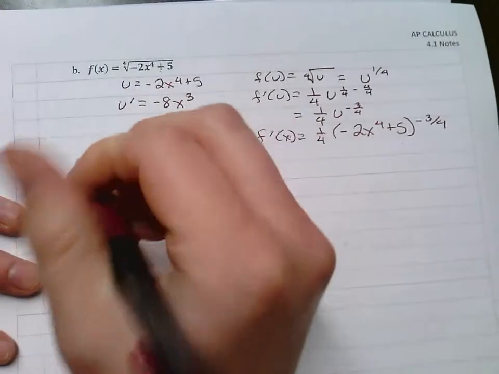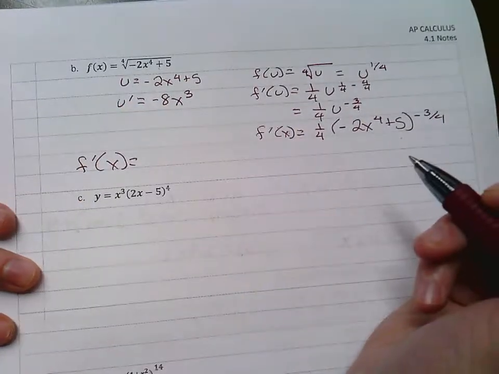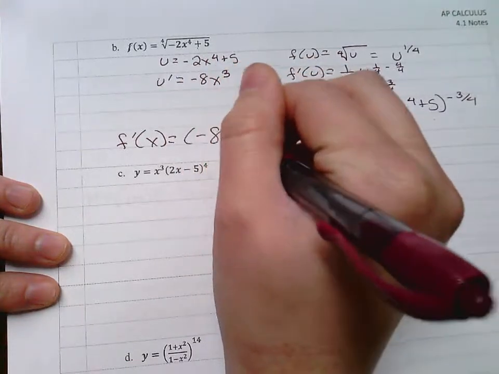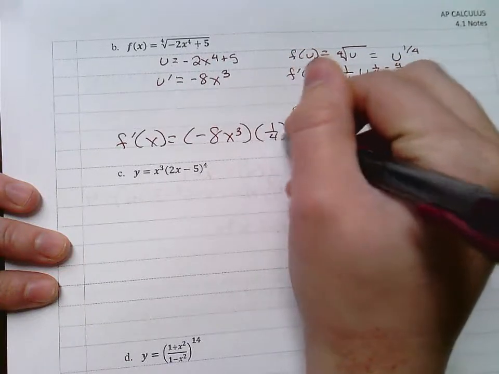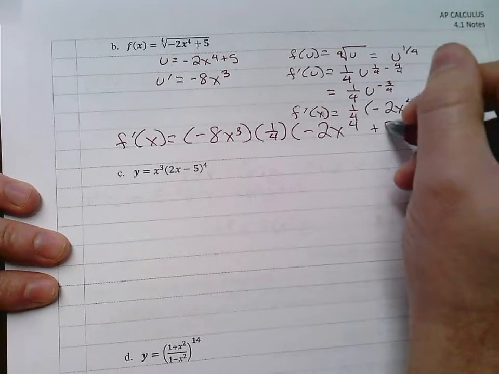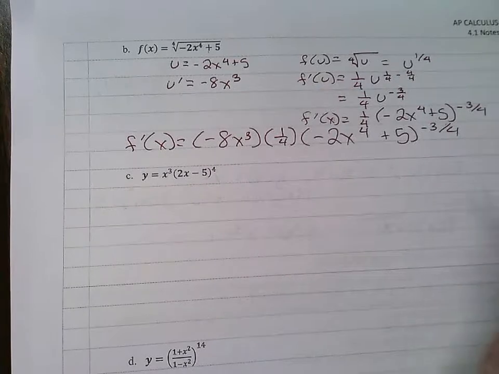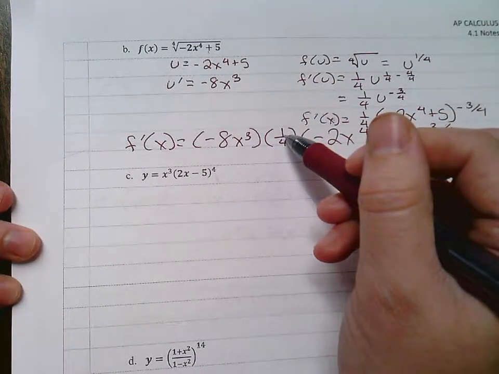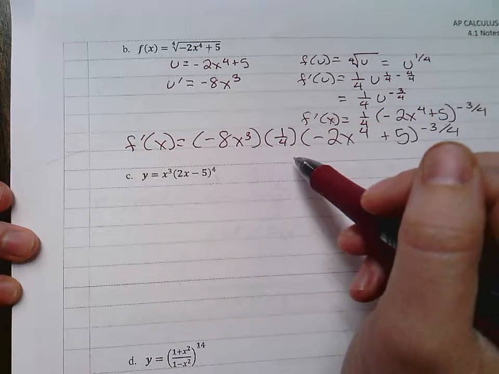Okay, so when you find your derivative now, you're going to have negative 8x cubed times 1/4 times negative 2x to the 4th plus 5 to the negative 3/4. Okay. I'm going to multiply this first because it looks nicer. Negative 8 times 1/4, that's going to give you negative 2.